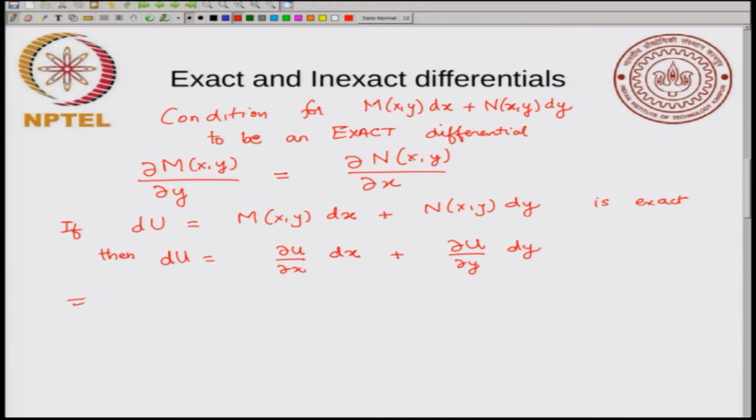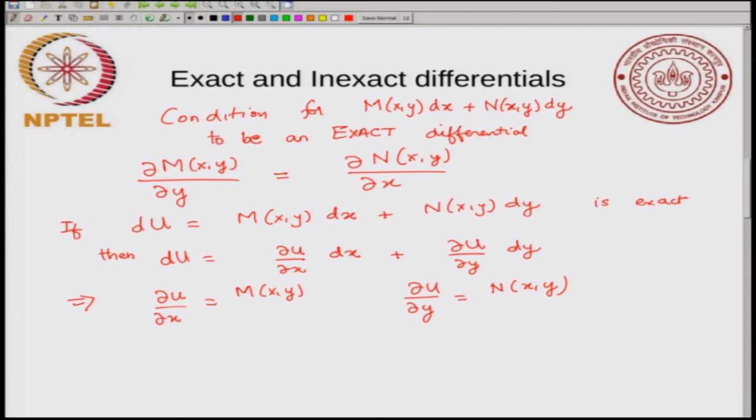Okay. So, this implies ∂u/∂x is equal to M(x, y) and ∂u/∂y is equal to N(x, y). Okay. So, if this were an exact differential, then this is what it really implies about M and N.